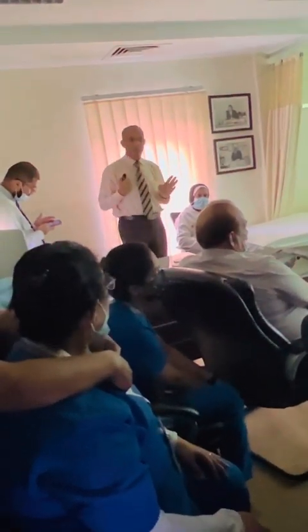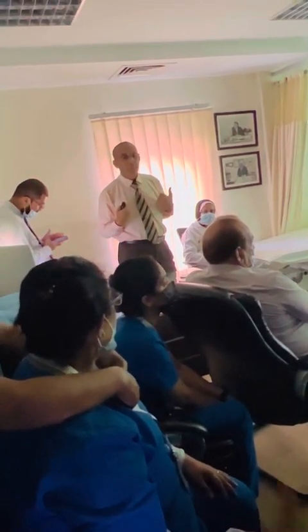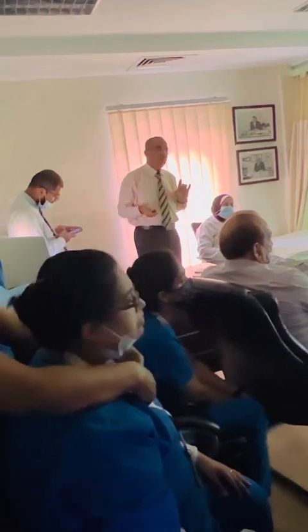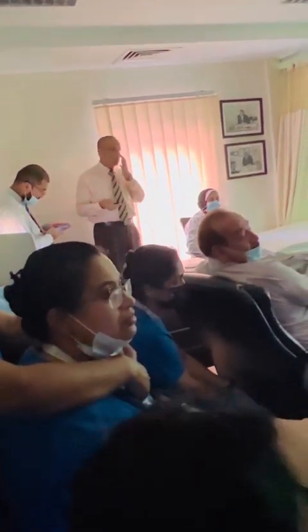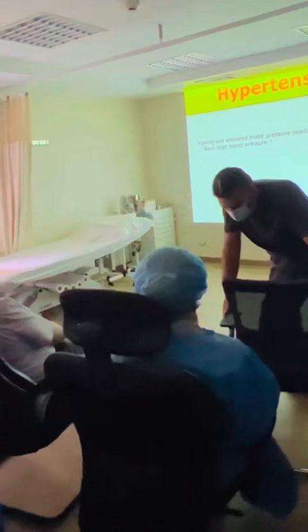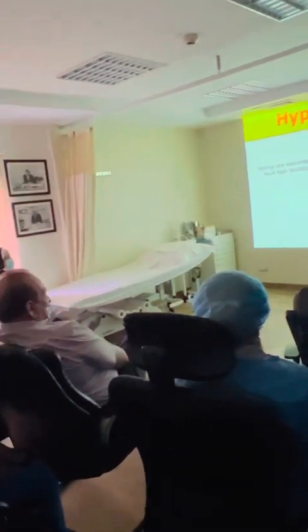If you check my blood pressure now and I am 170/100, am I hypertensive? No, one reading we cannot say. Very good. So one reading of high blood pressure, we cannot consider this patient hypertensive. Let's agree on these issues.